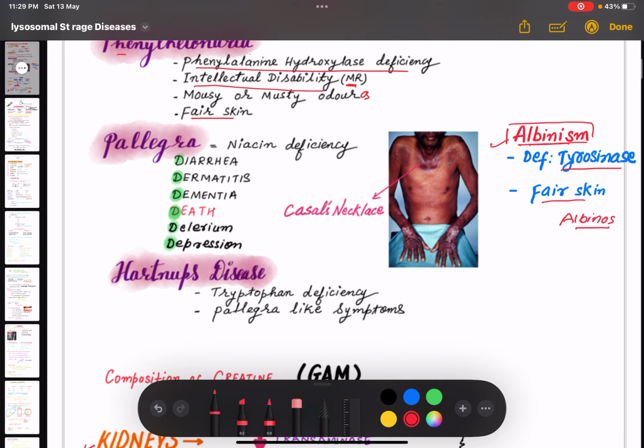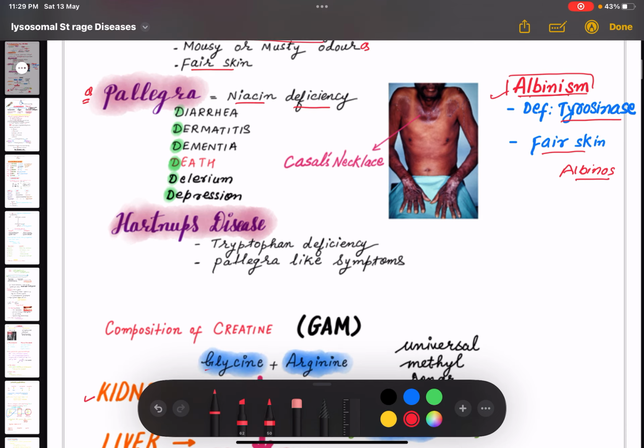Okay, let's see another very important disease, that is pellagra. It is vitamin B3 deficiency, that is niacin, and you will have 6 Ds. Remember these 6 Ds: diarrhea, dermatitis, dementia. If these three things are not treated, the patient can die.